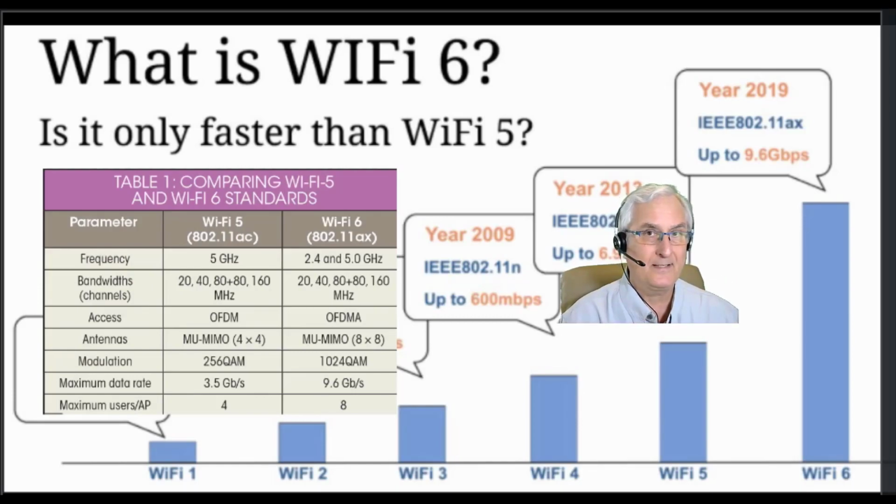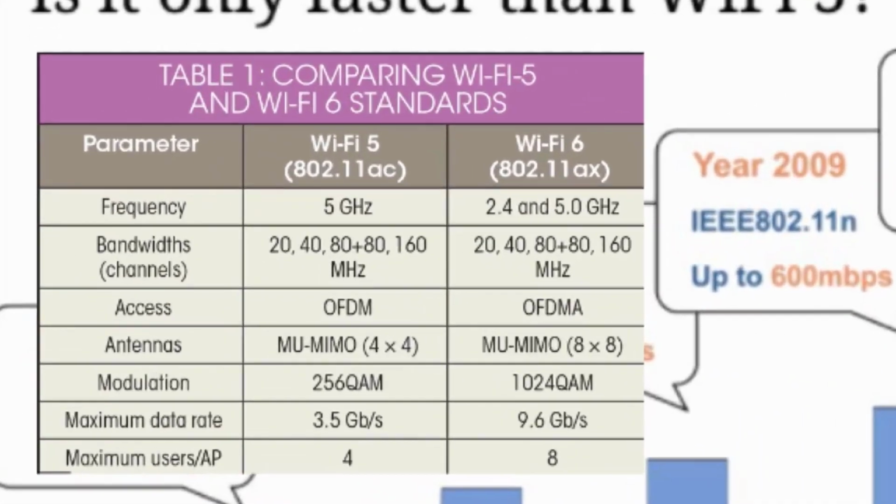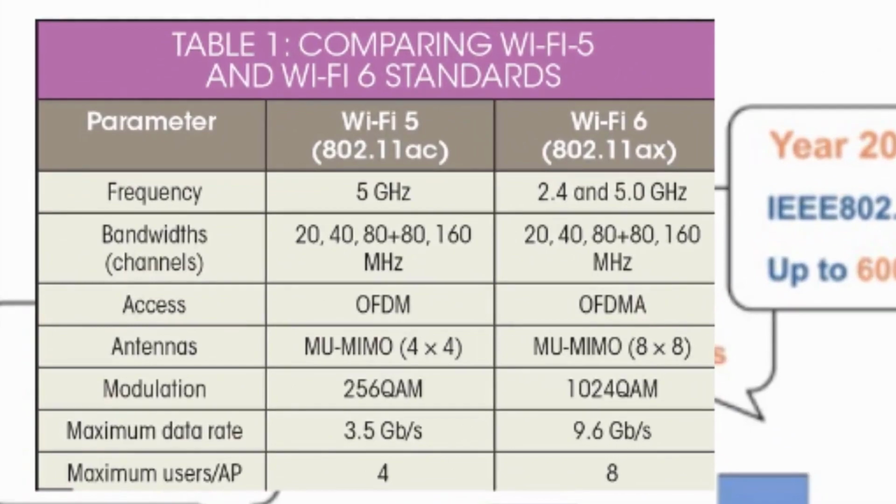Wi-Fi 5 only was involved in the 5 gigahertz. But Wi-Fi 6 now is taking the 2.4 gigahertz, the slower speed that we talked about, and it's dramatically increasing the speed of 2.4 gigahertz.